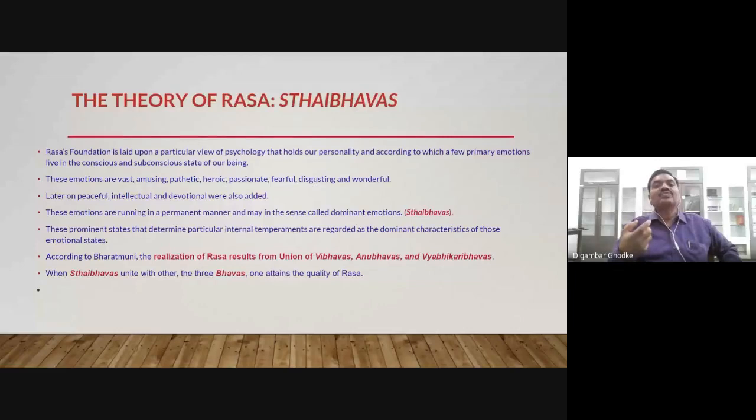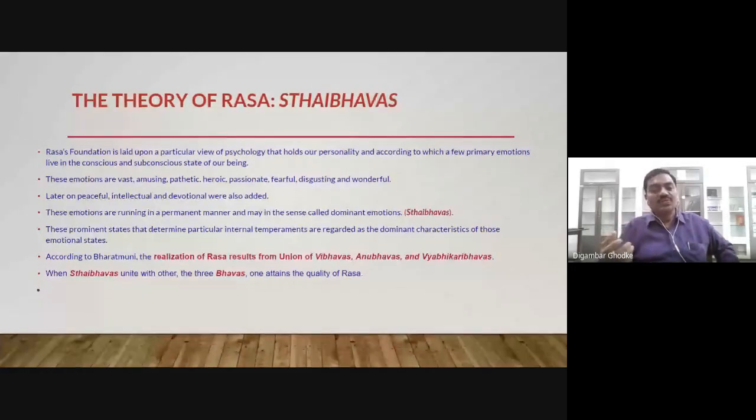Rasa stands for what we call your poetic sense, your understanding of art, or of any kind of literary art. It means the way you respond. Yesterday I used the word sahridaya, meaning having a heart, and this heart responds to different emotions.